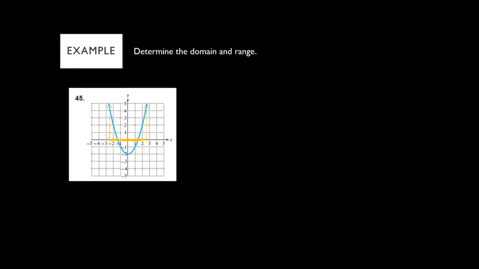Now, when you have arrows on your graph, that implies that it keeps going. Because we have arrows there, that's telling us we're going to keep going to the left, and then we're going to keep going to the right. So for my domain, you can think of it as we've got this number line covered. This is where the interval notation comes in that we talk about in 2.8 with the inequalities. So we're graphing from -infinity to infinity, and basically my whole graph is covered here.